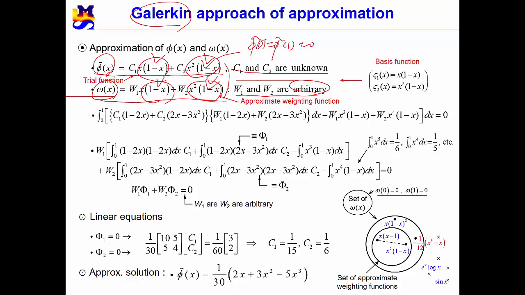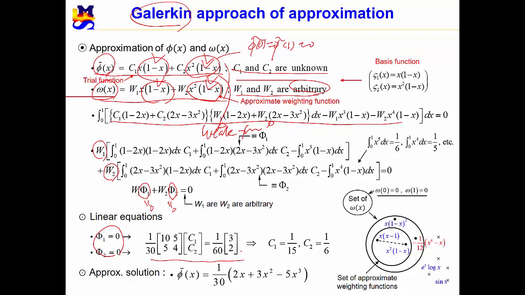Inserting these two functions into the weak form, we can derive an identity equation. Of course, we have to rearrange the equation with respect to the arbitrary constants like this, because the coefficients of W1 and W2 should be 0. Therefore, we obtain two equations, which are written in matrix form like this.